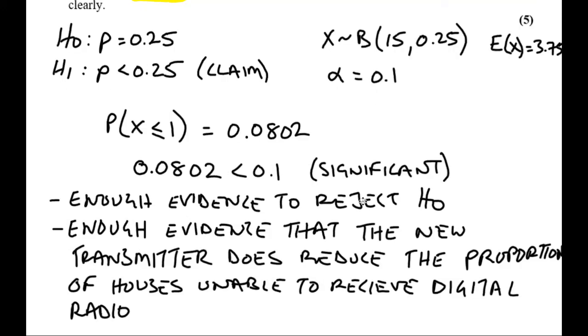There is enough evidence that the new transmitter does reduce the proportion of houses unable to receive digital radio. Be careful not to just assume that H0 is the company's claim. Another rookie mistake, students, when rejecting H0, automatically say the company's claim is false. This was not the case for this question.